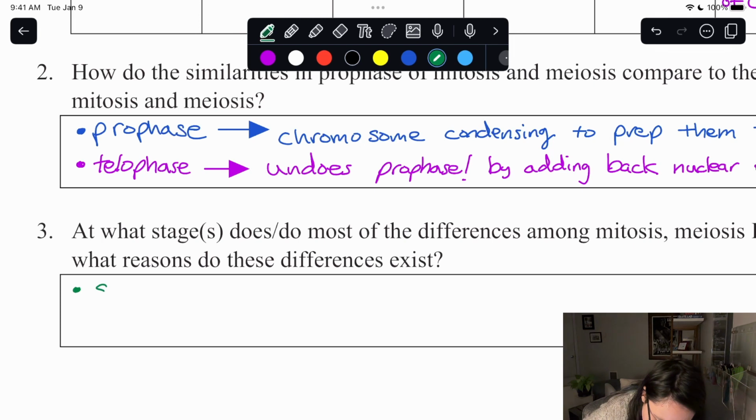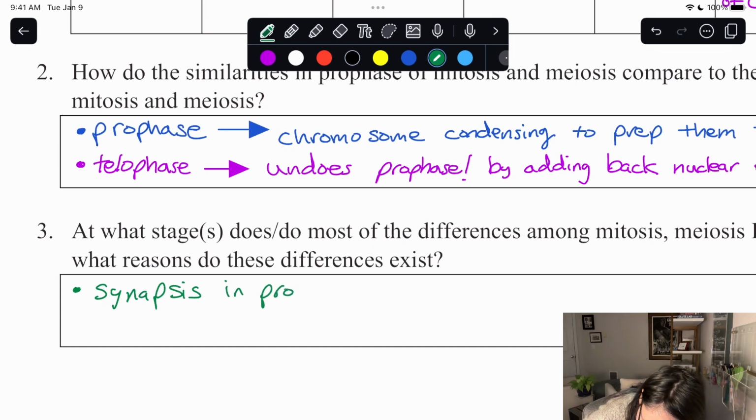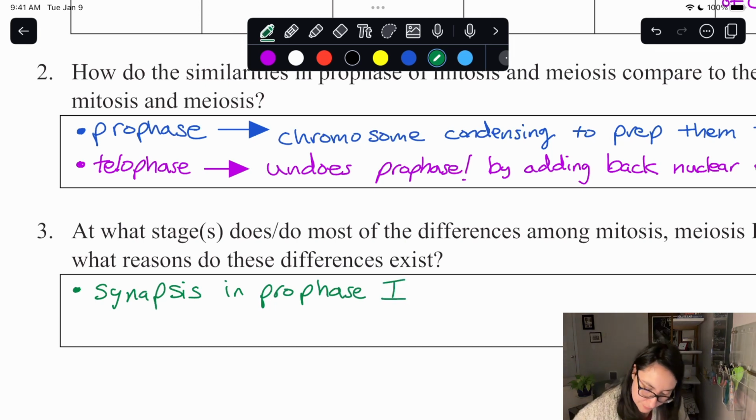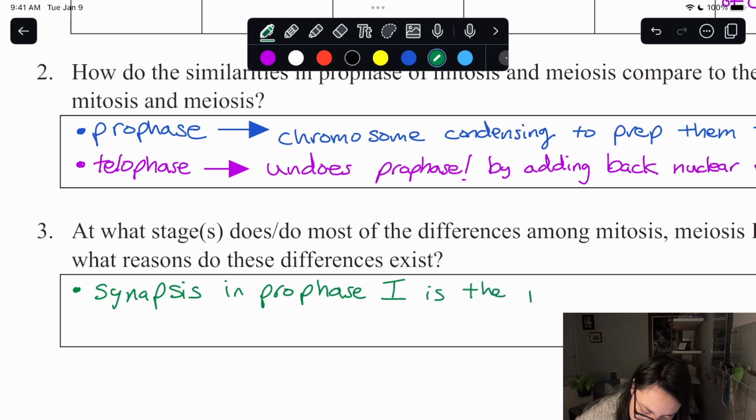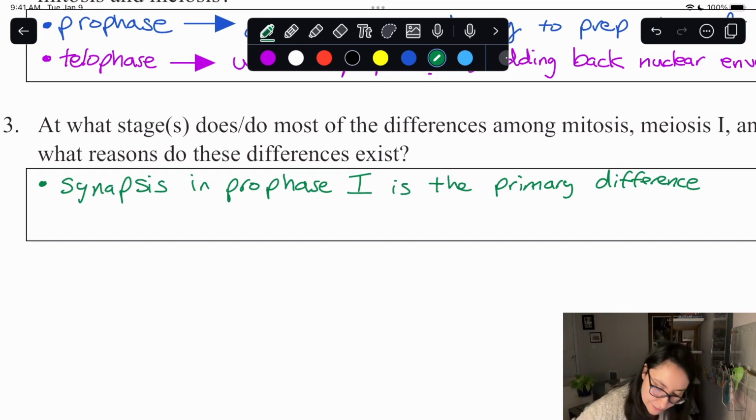It's basically the synapsis in prophase 1. That is the biggest difference. It's probably even the primary differences. I'm going to move that up and to the side.